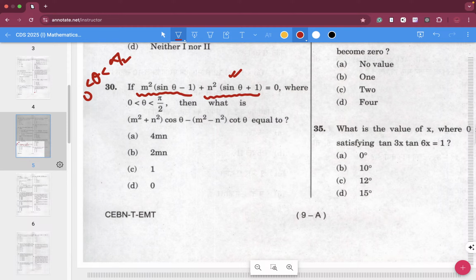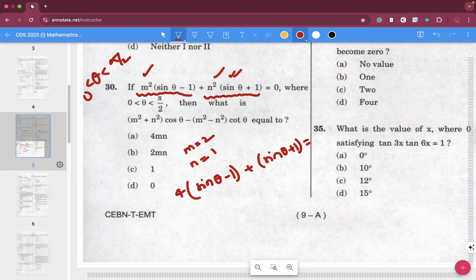So what we will be doing is taking the values of m and n instead. If I take m value as 2 and n value as 1, what happens? m square is 4 into sine theta minus 1, plus n square is 1 into sine theta plus 1 is equal to 0.